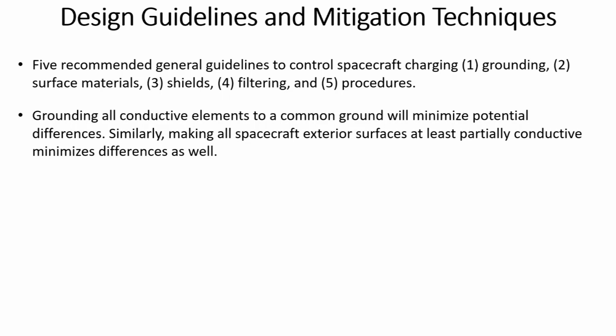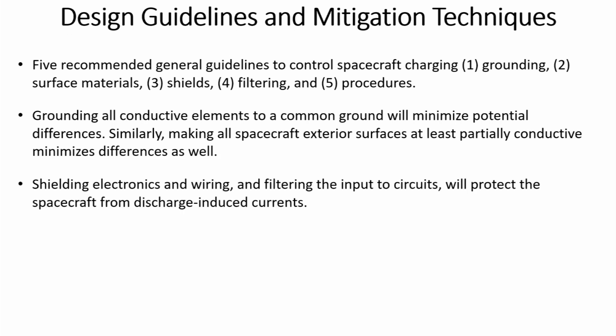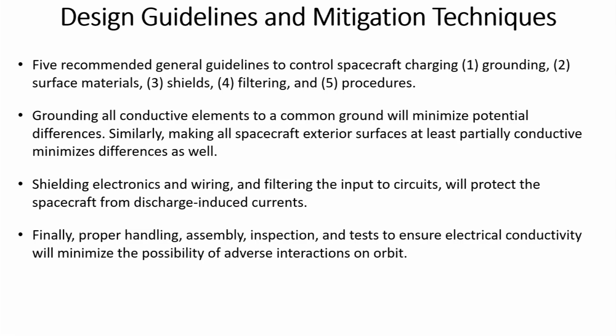As I already said, grounding all conducting elements to a common ground will minimize potential differences. Making all the spacecraft exterior surfaces at least partially conductive minimizes the differences as well. Then shielding electronics and wiring, and filtering the input to circuits, will protect the spacecraft from discharge-induced currents.